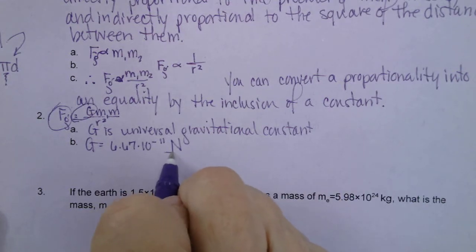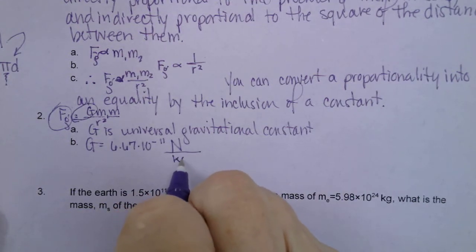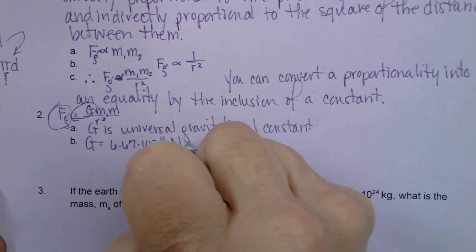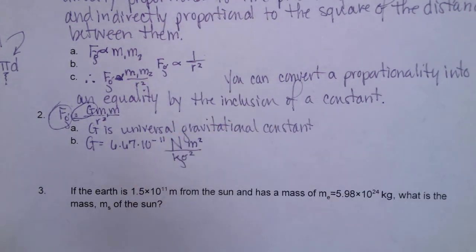So that means I'm going to want kilograms squared in the denominator so that it will cancel out with my kilograms squared in the numerator. I'm also going to end up with meters squared in the denominator with my r squared. So for my constant to get rid of that, I'm going to need meters squared in the top. So the constant is 6.67 times 10 to the negative 11 newtons times meters squared all over kilograms squared.